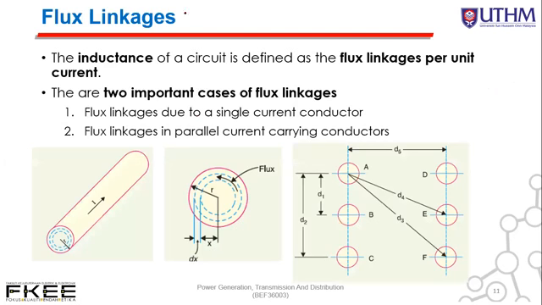The inductance of a circuit is defined as the flux linkage per unit current. According to the basic right hand grip rule, if you use your right hand and grip it, the current flow is like your remaining fingers, and then the flux generated is your thumb.